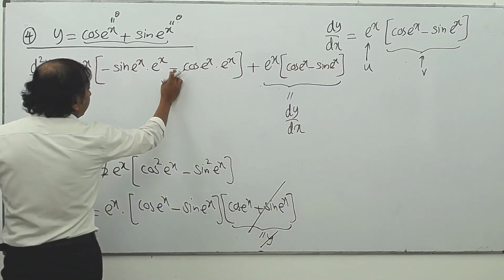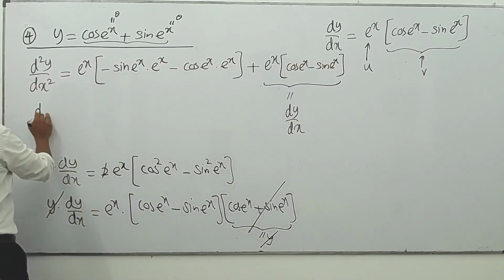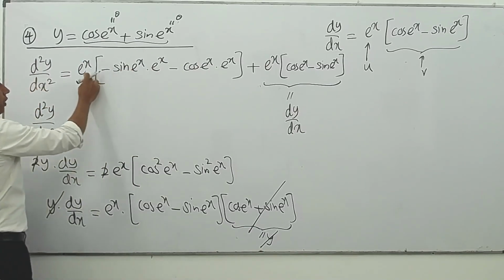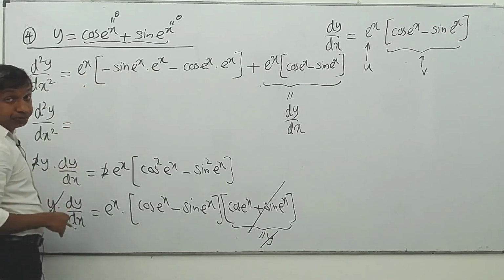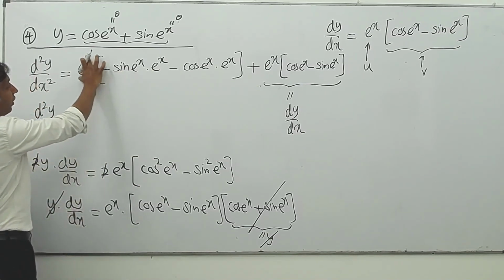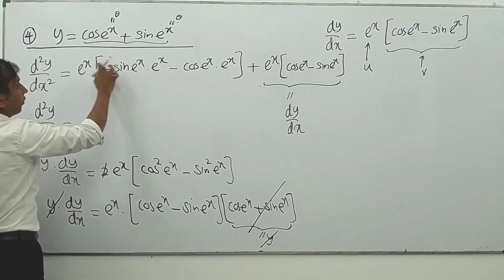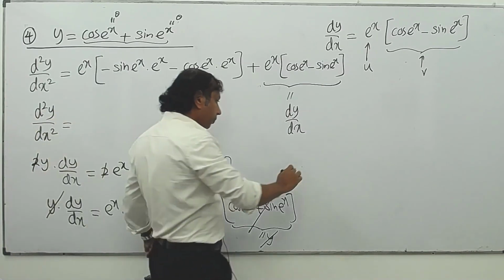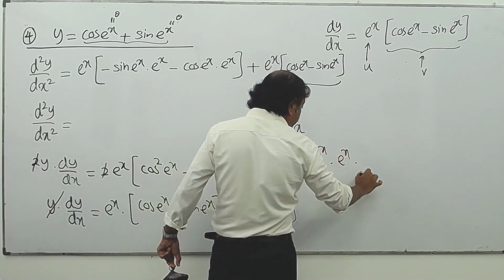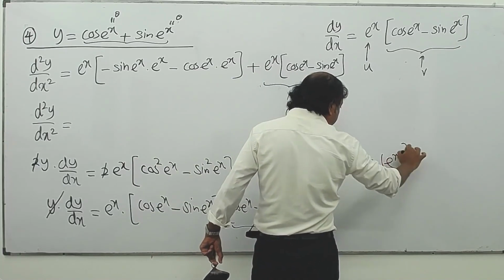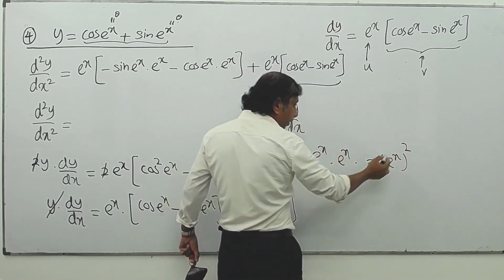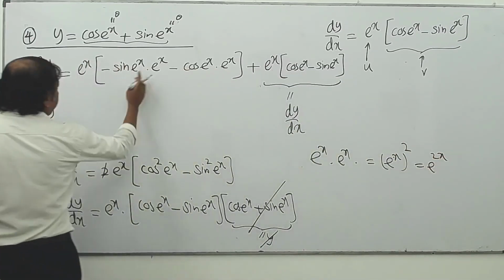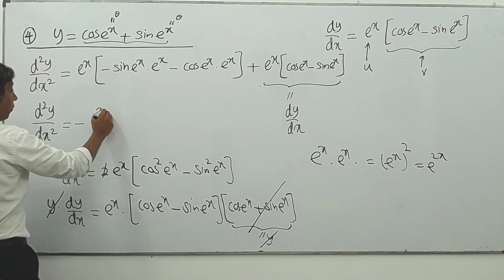When you take this minus sign and this x out, what do you get? x and this x, x squared. Take this x out with minus sign. Then e to the power 2x.